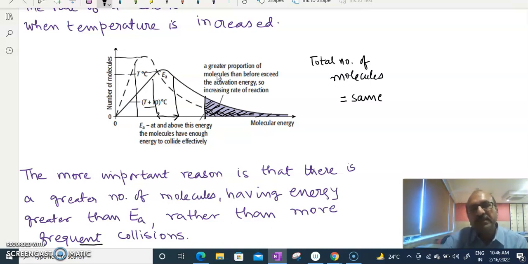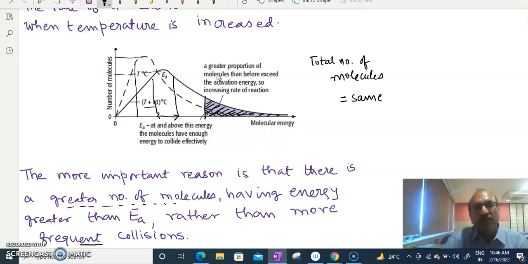But the more important reason is that there is a greater number of molecules having energy greater than activation energy. So this fact should be very clear in the minds of the students, that the real reason for the increase in the rate of the reaction on increasing the temperature is really due to a greater number of molecules which have energy greater than activation energy, and the other factor, that there are more frequent collisions, plays only a minor role in increasing the rate of the reaction.